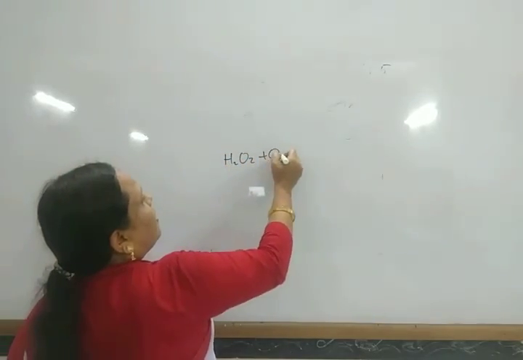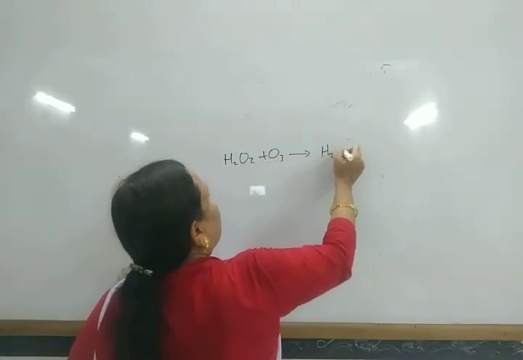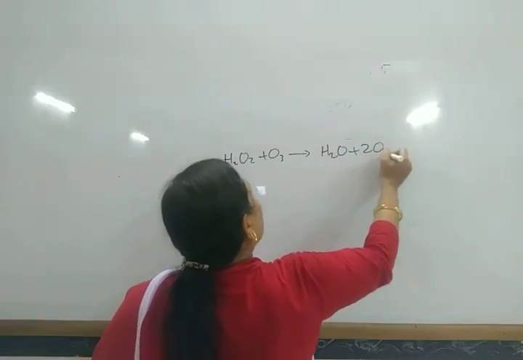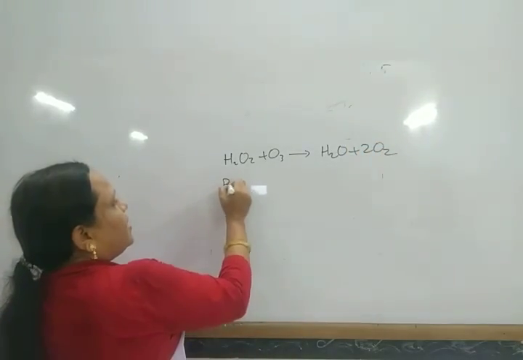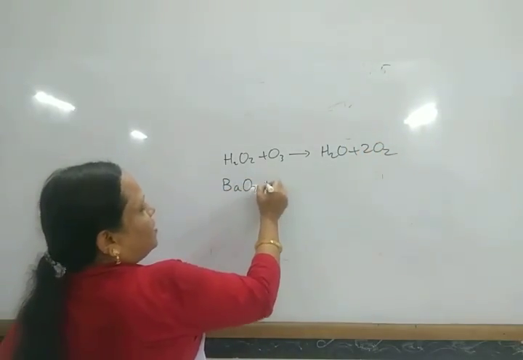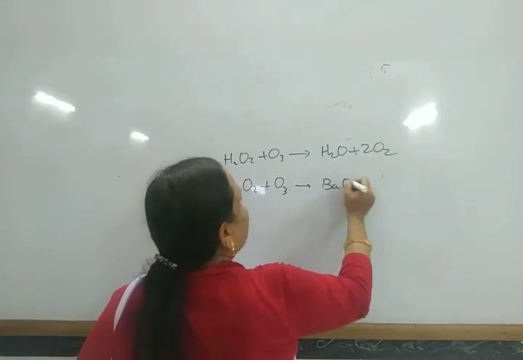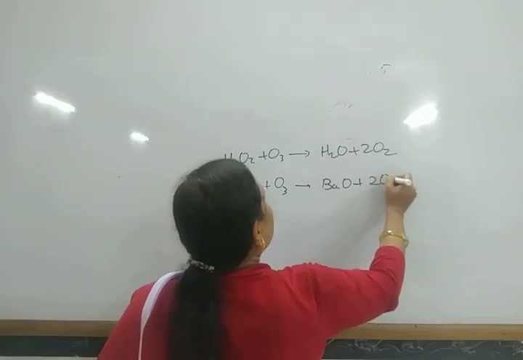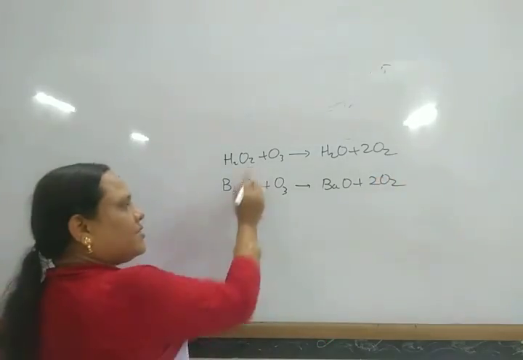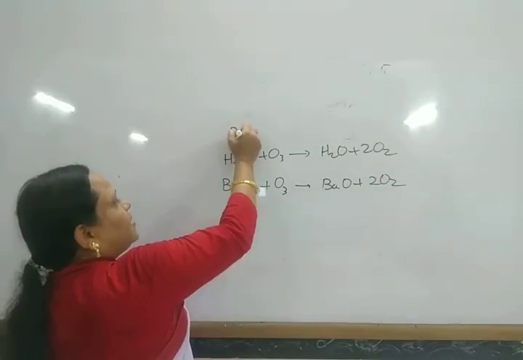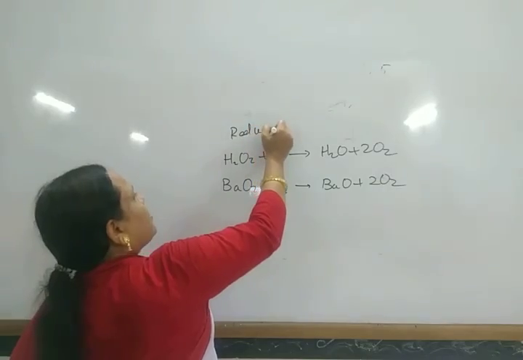H2O2 plus O3 give rise to H2O plus 2O2. Similarly, barium peroxide plus ozone give rise to barium oxide plus 2O2. In this case, ozone acts as a reducing agent.